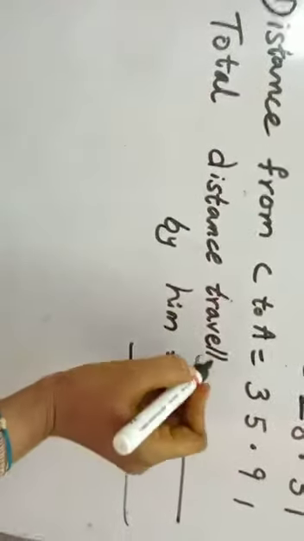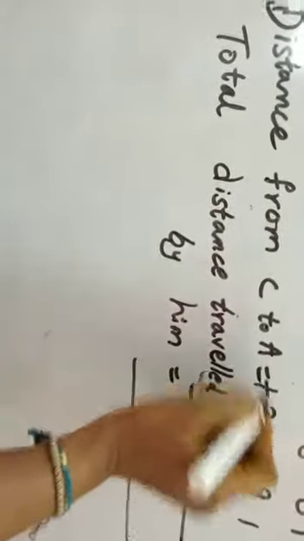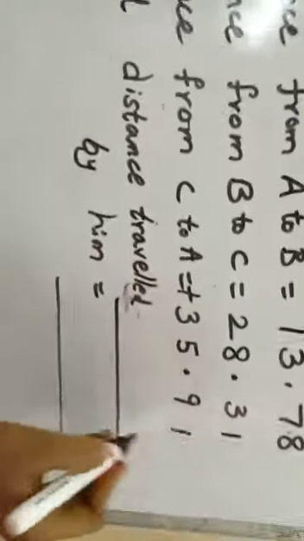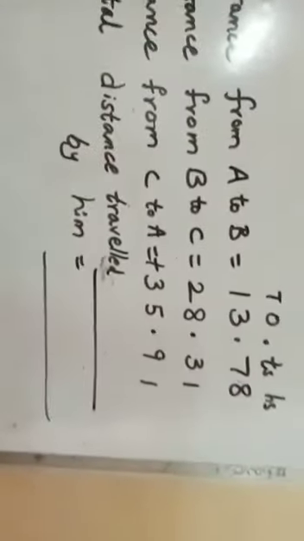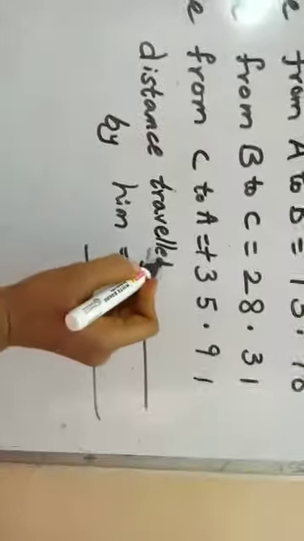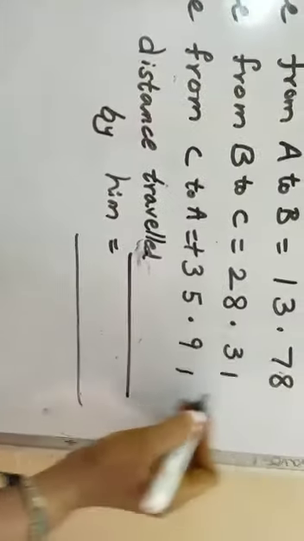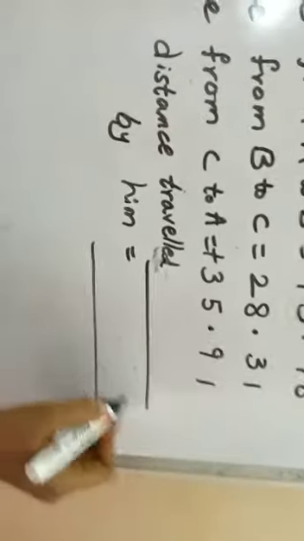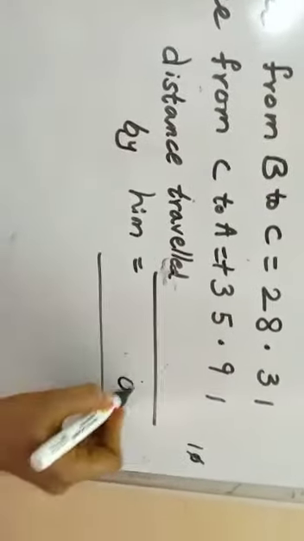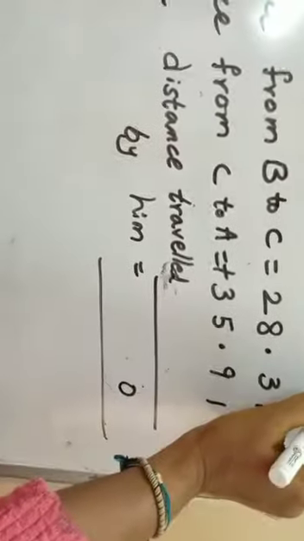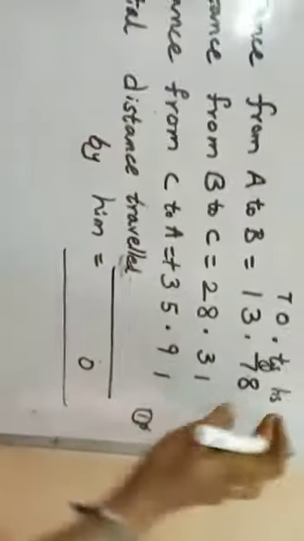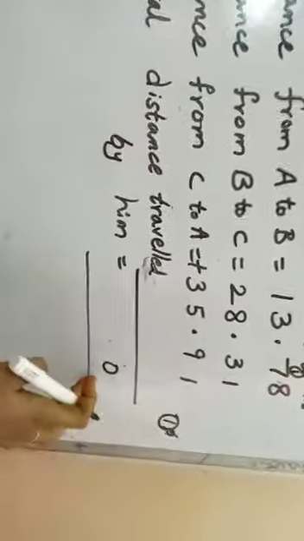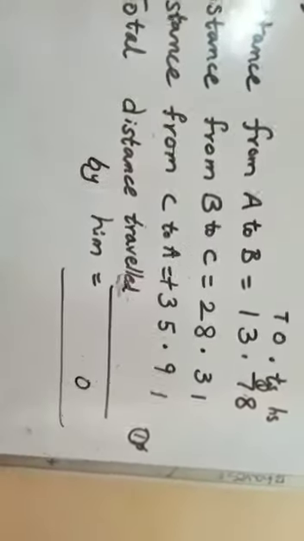Symbol is plus. Total means do the addition. So always start from right to left. So first add these hundredths place digits. 8 plus 1 is 9, 9 plus 1 is 10. In 10 write 0 here and carry 1 to the tenths place. Hundredths place digits we have added and we got a carry, then write it in tenths place.